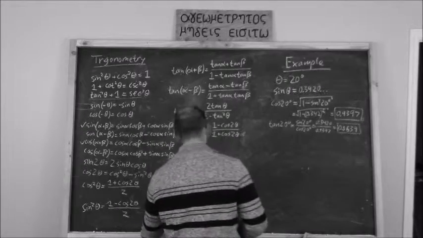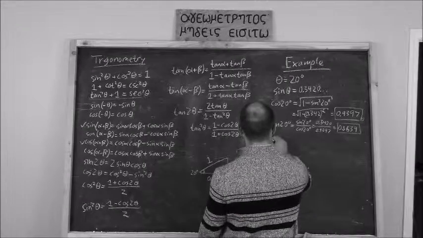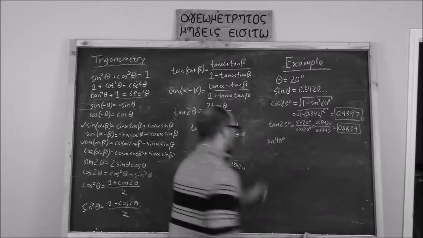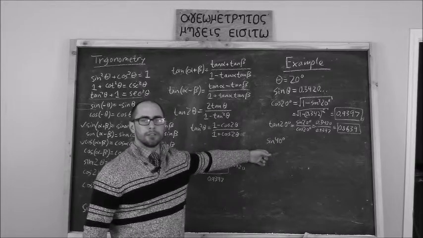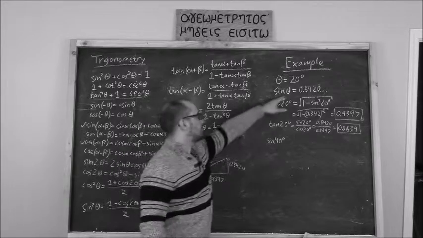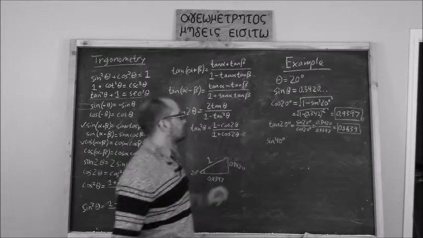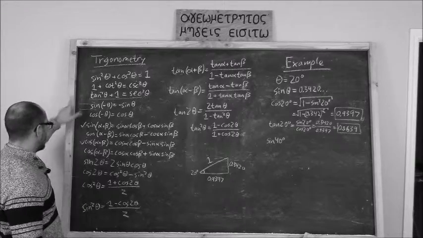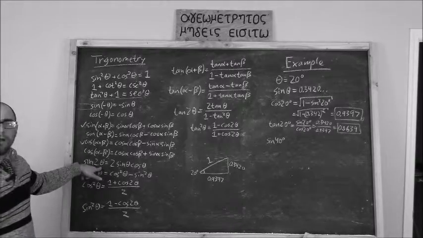What if I want to find sine of 40 degrees? How am I going to find sine of 40 degrees? Well, notice that's twice 20 degrees. So I can use my double angle formula.